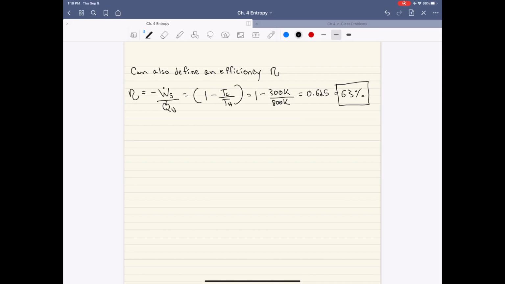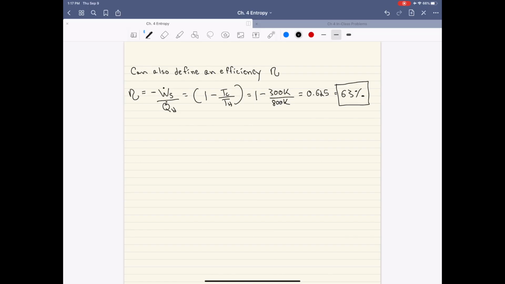And 37% of that heat is dumped into the cold reservoir, right? And so defining this sort of efficiency term is very useful for understanding how irreversible or how efficient a process is, right? And the interesting thing here is we see that only 63% of the heat energy is actually converted into shaft work.